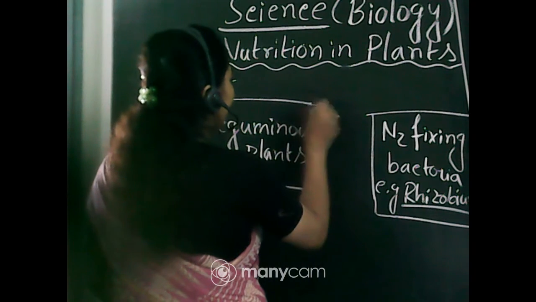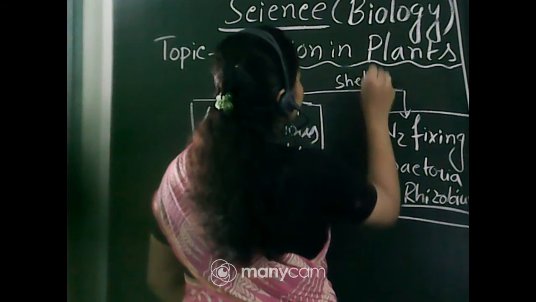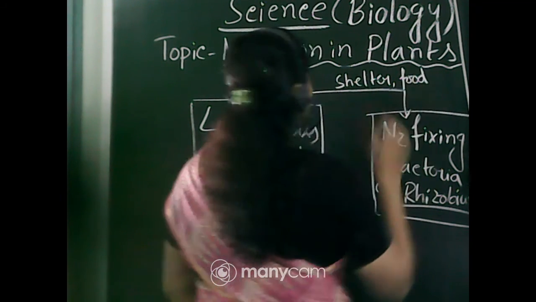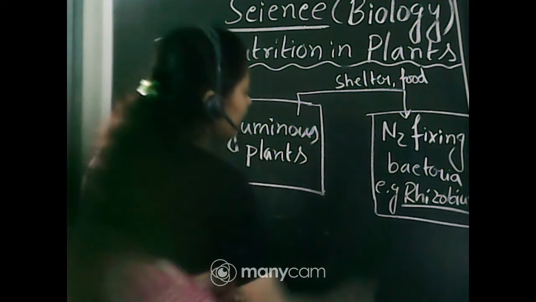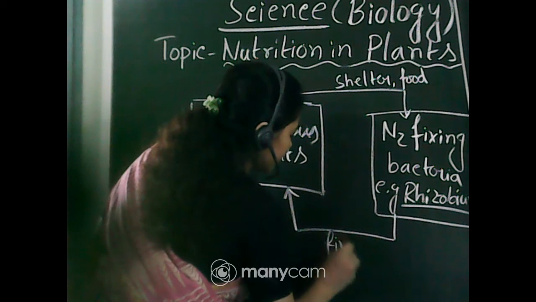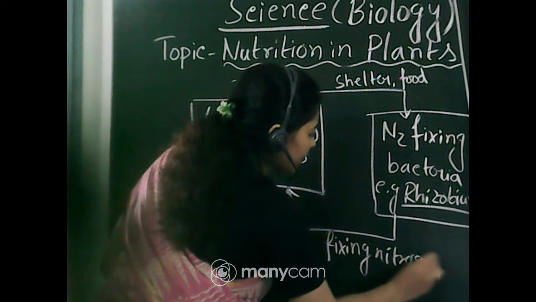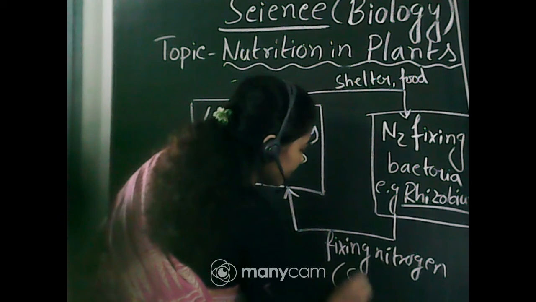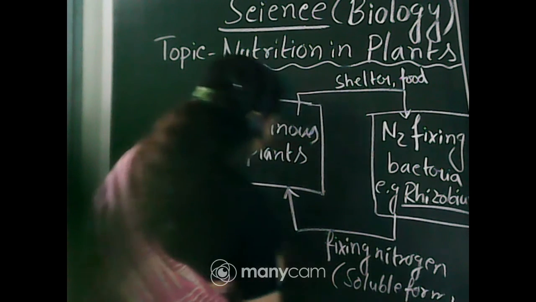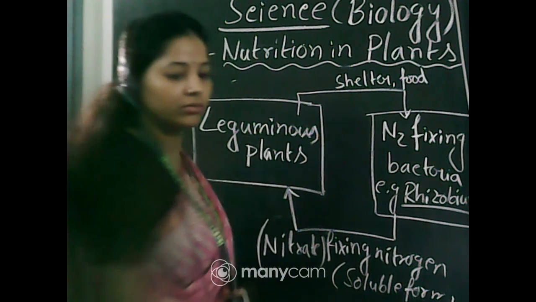Leguminous plants provide shelter, food or nutrients for those nitrogen fixing bacteria. In return they are fixing nitrogen into its soluble form, that is nitrate.